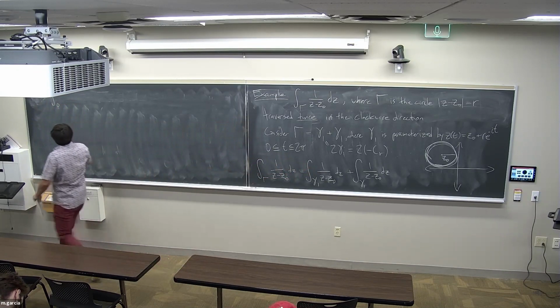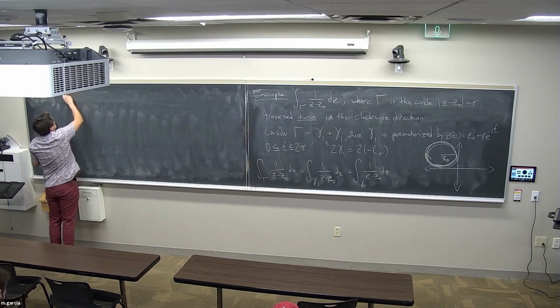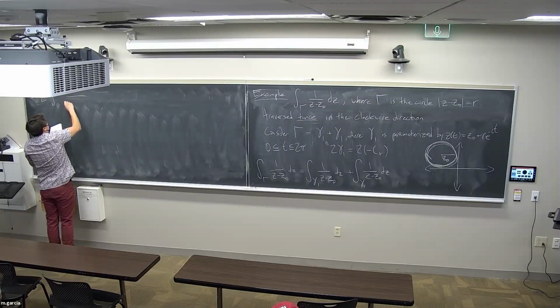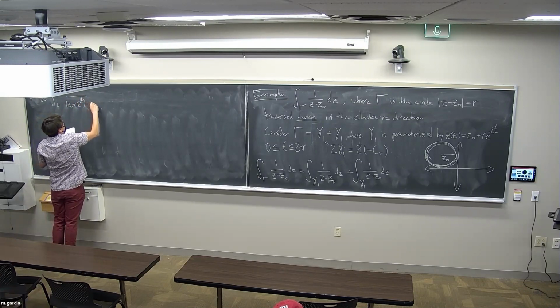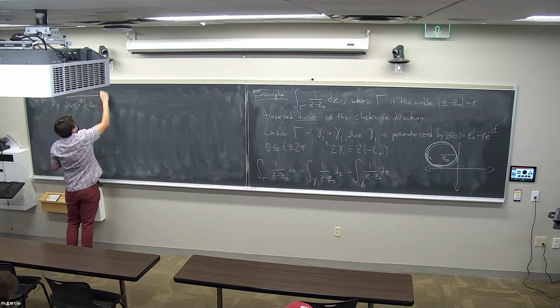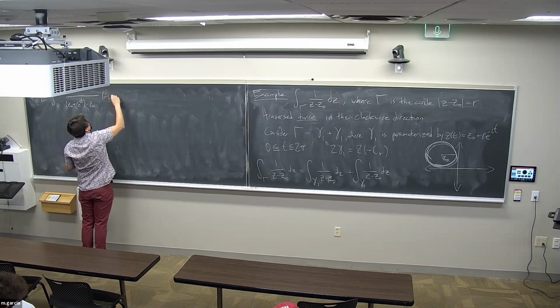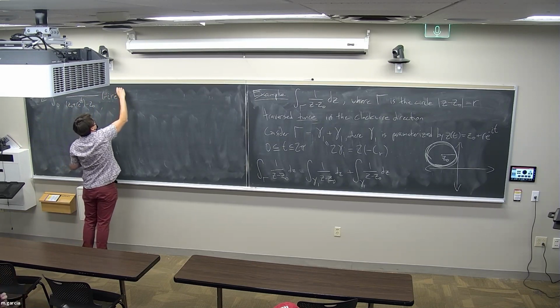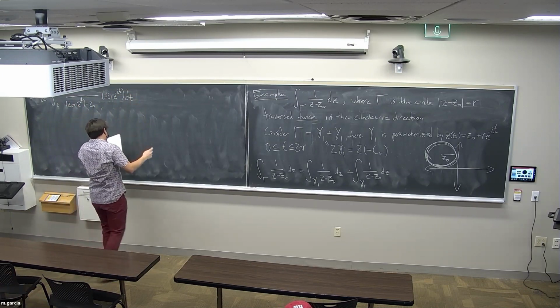So I'll say equals 2 times, and then I'll plug in my parameterization: 1 over z naught plus r e to the negative I t minus z naught, times the derivative, which is just negative I r e to the negative I t dt. Okay.